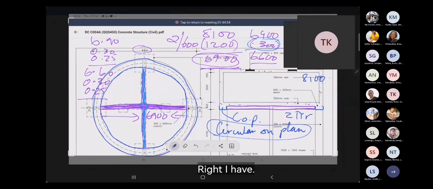But I have a diameter of 8/100. So what do I do? Divided by 2, you get the radius.